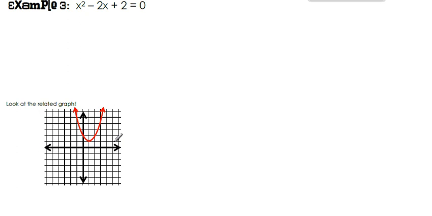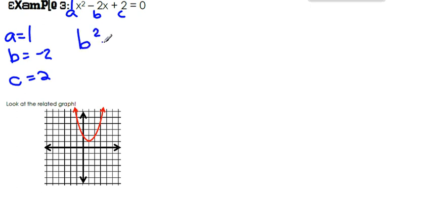And let's look at what you could probably guess, but let's look at how it turns out real quick. So again, check that it's in standard form. And then we have our a, b, and c. So a is that coefficient of 1, b is -2, and c is +2.